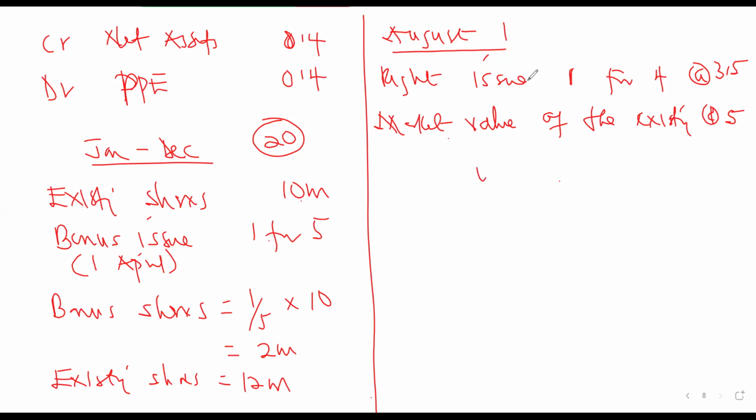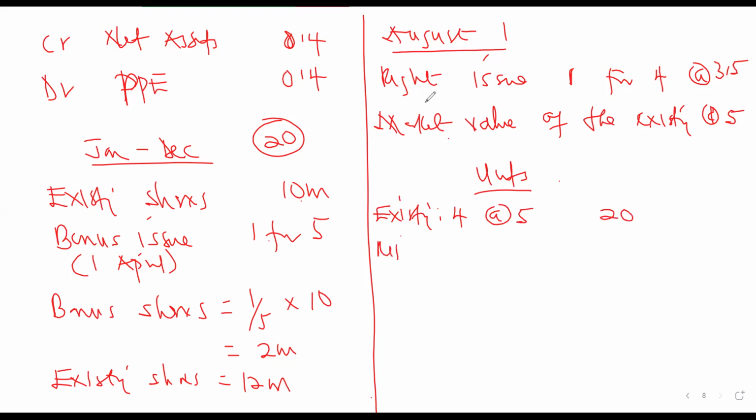So I'll use the unit approach here for you. We look at the existing shares. We are bringing 4 of the existing shares for 1 new share under the right issue, and these shares are valued at 5 cedi. So you'll be having a weighted value of 20.